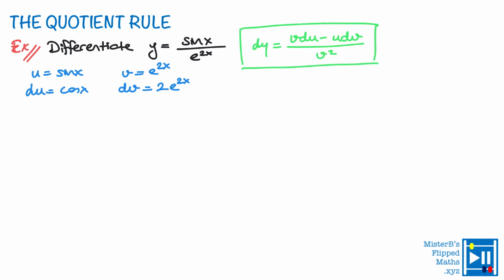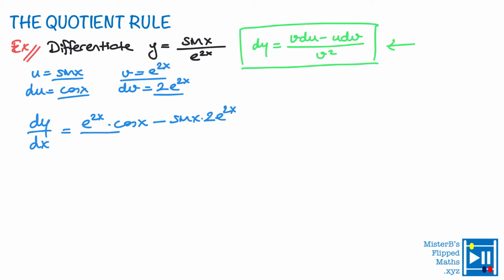And again, if you repeat this for each question while solving questions, it's going to stick to your mind, I believe. So let's do the substitution now. dy over dx will be v du, so e to the 2x times du, cosine x, and then minus u, sine x, times dv, which is 2 times e to the 2x, over v squared. So this is e to the 2x squared.